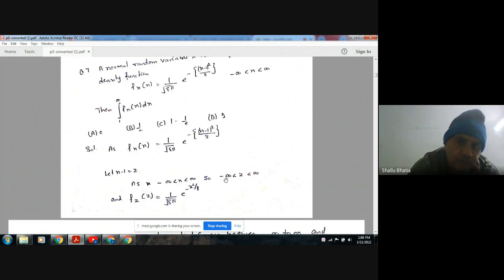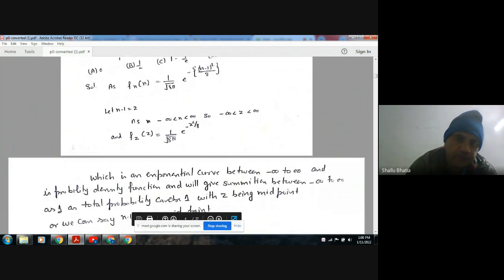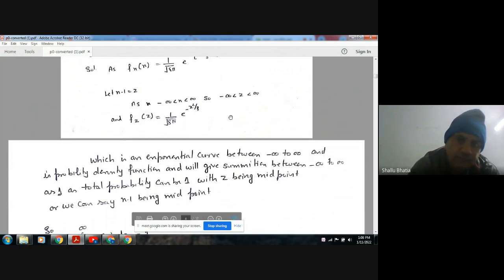The equation will then be in terms of z, and we can write it as f_Z(z) equals 1 by root 8 pi e to the power minus z square by 8. This is an exponential function with z varying from minus infinity to infinity. This is a probability density.